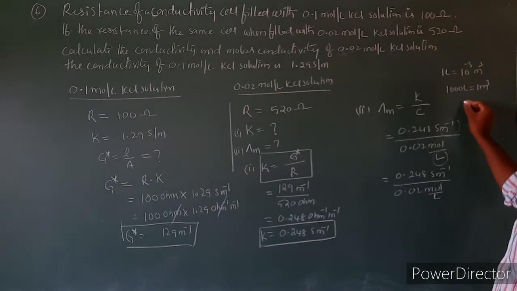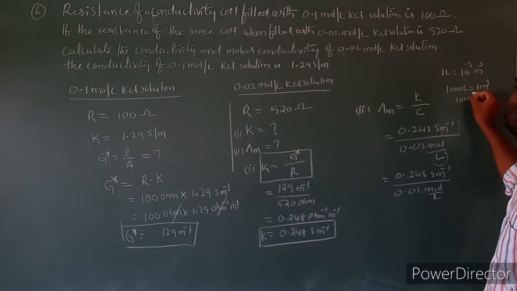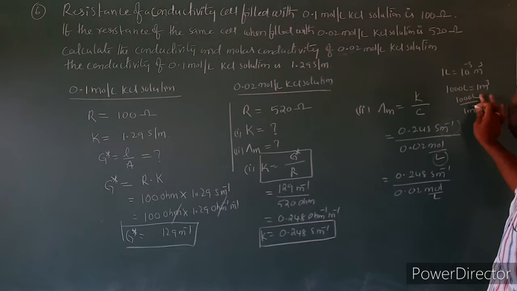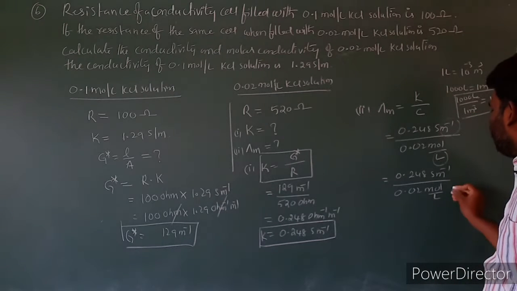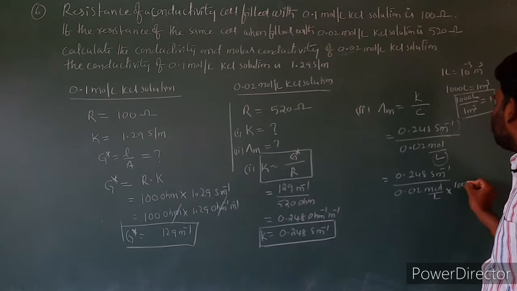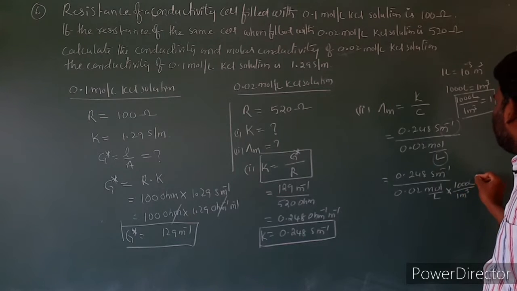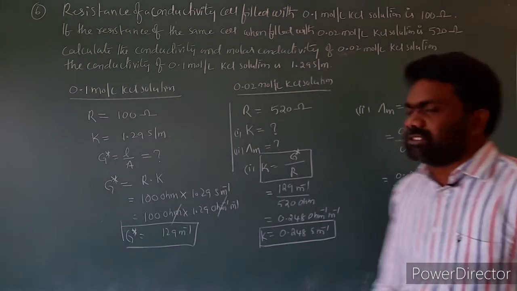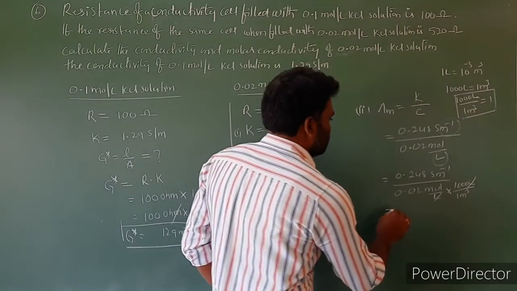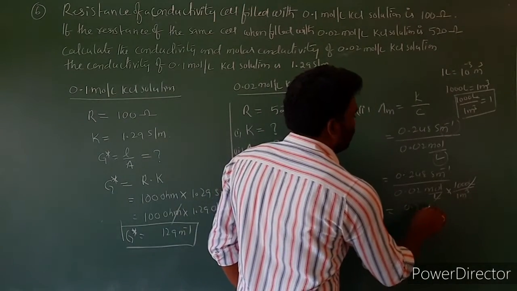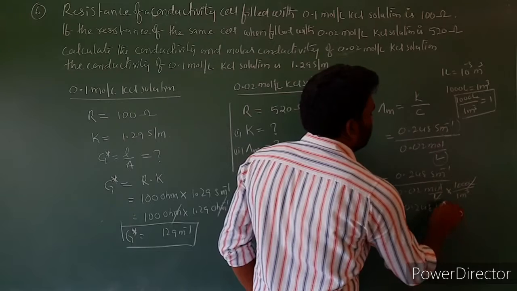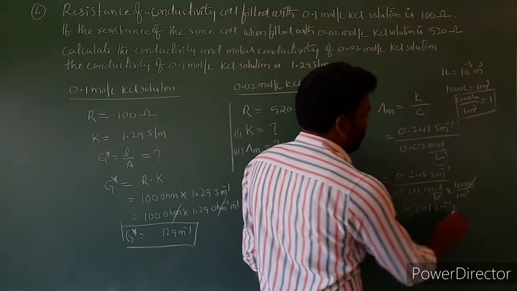So 1000 liters by 1 meter cube is equal to 1. Taking this relation, liter cancels. Upon simplification we will get 0.248 Siemens meter inverse into meter cube.